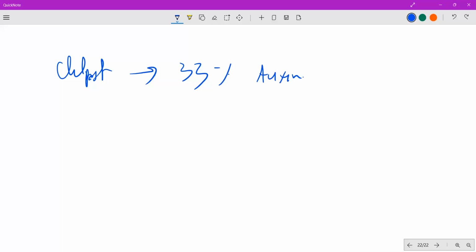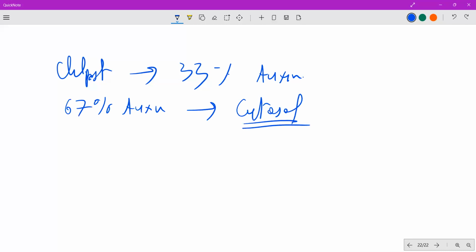The remaining कितना बचा? 67%. The remaining 67% auxin, this is found in cytosol. This is found in cytosol. ठीक है? So when I look at auxin, we see in the plants there's also compartmentalization of the auxin. It shows compartmentalization.